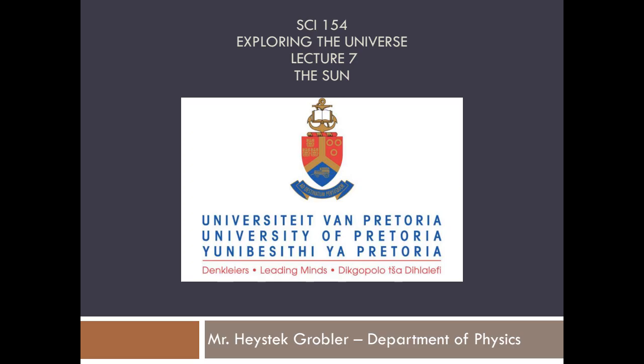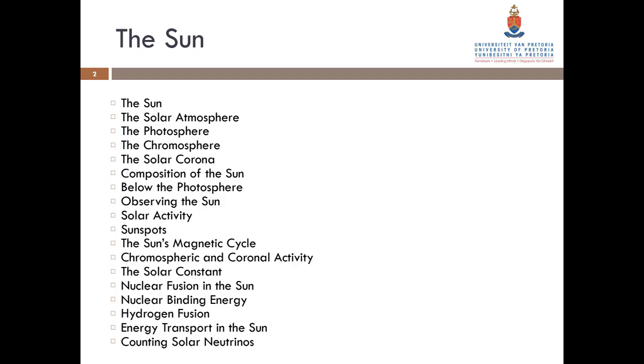Then another question, will we also learn about the solar wind in later chapters? So yes, we will learn about the solar wind actually in this lecture. So this lecture is entirely about our own sun. So we will learn about the sun as a whole and what makes the sun tick.